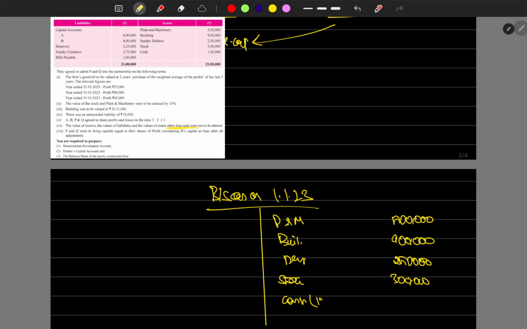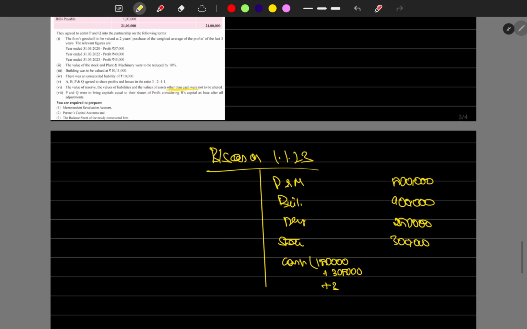So cash is 1,50,000. How much has been brought by P and Q? Sorry, 3,05,000 plus 3,05,000, which is 1,50,000 plus 3,05,000 plus 3,05,000, is 7,60,000 as the capital.